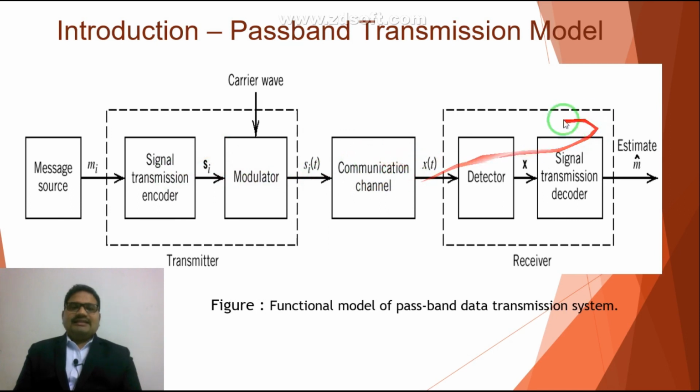Then this is your receiver section, which consists of the detector and signal transmission decoder. This is your output, which is the estimate of the message m, because we are only estimating: noise is also one of the parameters, which is added at the communication channel. So let's see each block one by one.